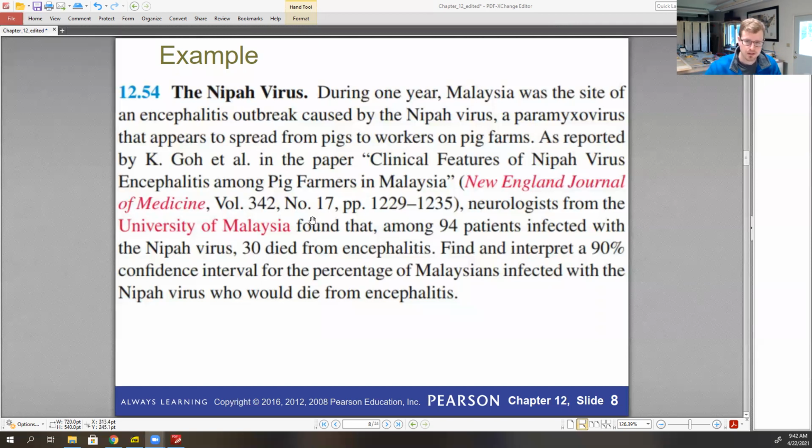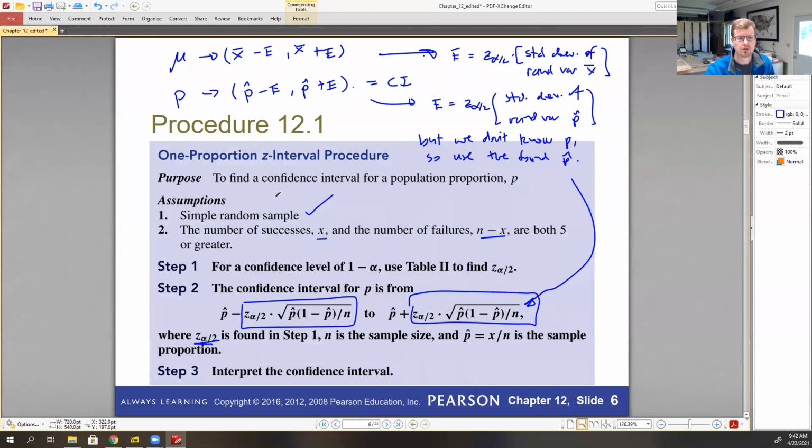All right, so we can do that. We have essentially all the information we need. Or we do, but we need to know a few things. If we scroll back to what we need here, we need to know p hat, which we have enough information for. We're given a confidence level to find z sub alpha over 2, and then of course we can find p hat, and we're given a sample size.